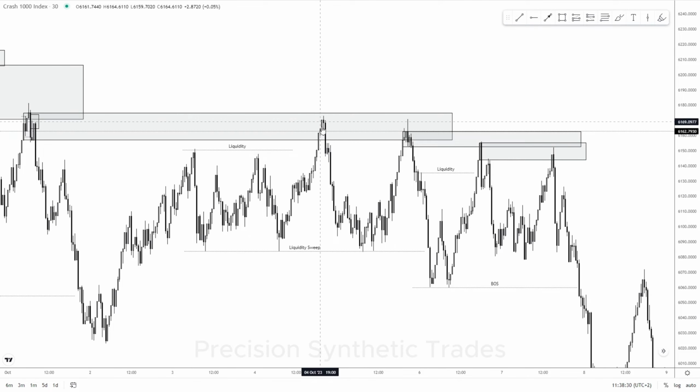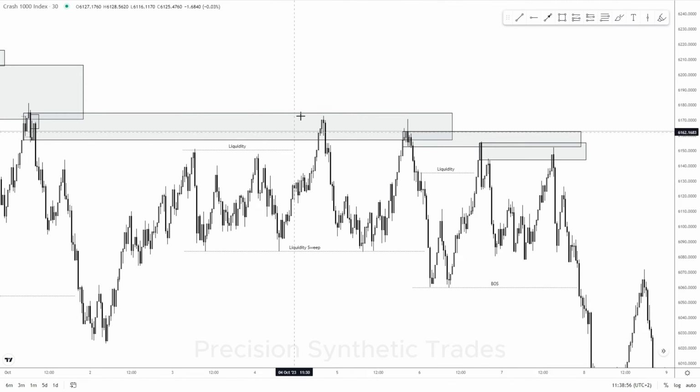Price tapped in, came down, but look what's happening here. We got 1, 2, 3, 4 touches. So this is equal lows. So we know liquidity needs to be taken. Price needs to come down. So liquidity formed, price tapped in. Haven't got an entry on this impulse leg, but it created an impulse leg.